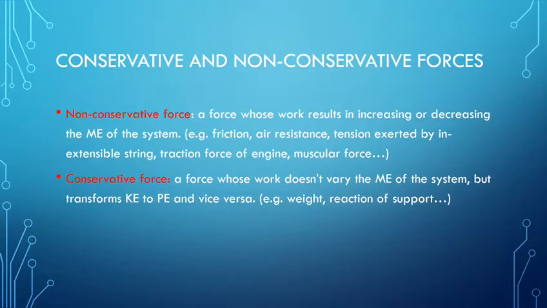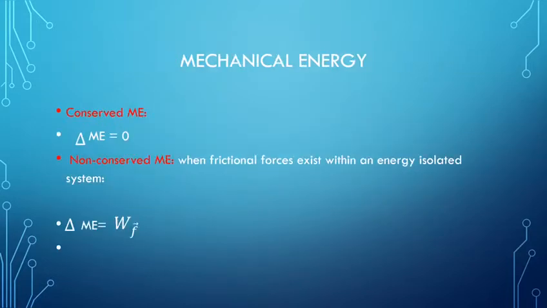This means that this friction is a non-conservative force, whereas a conservative force is a force whose work doesn't vary the mechanical energy of the system, but it can affect the distribution of the kinetic and potential energies that make up this mechanical energy. And as you can see on the screen, I have listed a few examples of conservative and non-conservative forces.